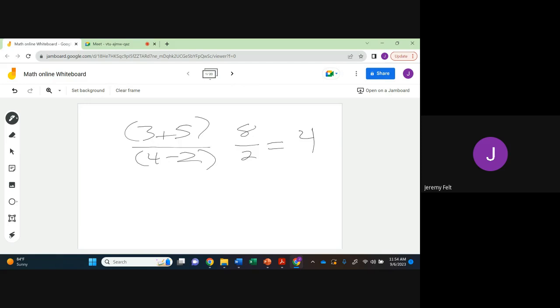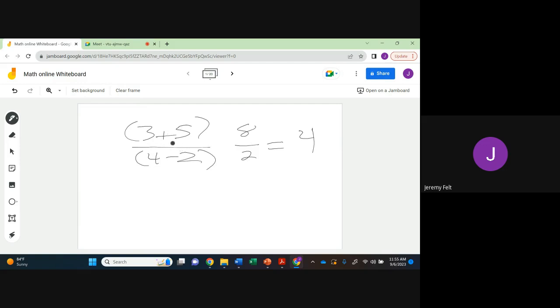So that one may seem a little weird because we always divide before we add or subtract. That is true, but if we have a big, long binomial, trinomial, polynomial, whatever, a big, long expression in the numerator or in the denominator, it's the same thing. We have to perform that calculation first before we divide, because we can't divide 3, are we doing 3 divided by 4 or 3 divided by -2 or 5 divided by 4, 5 divided by -2?